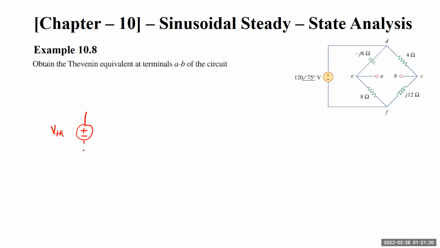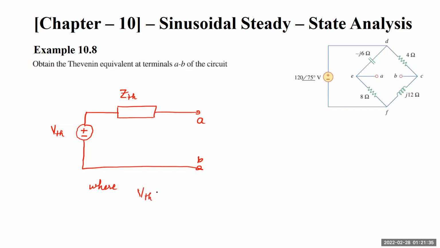VThevenin over here, and this is our Z Thevenin over here, and this is A and B. Where VThevenin value is 37.947 angle of minus 139.695, and Z Thevenin value is 0.72 minus J2.64 ohms.